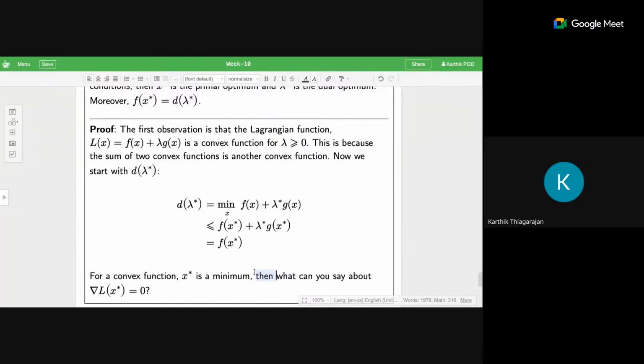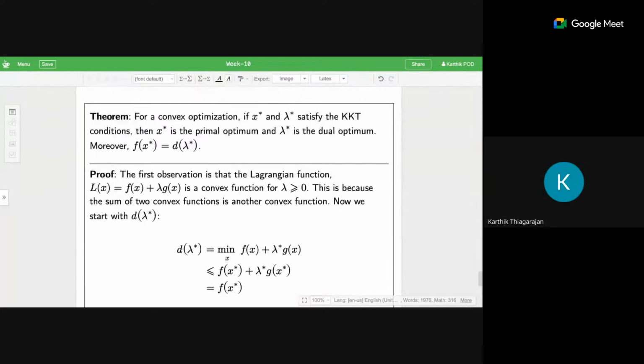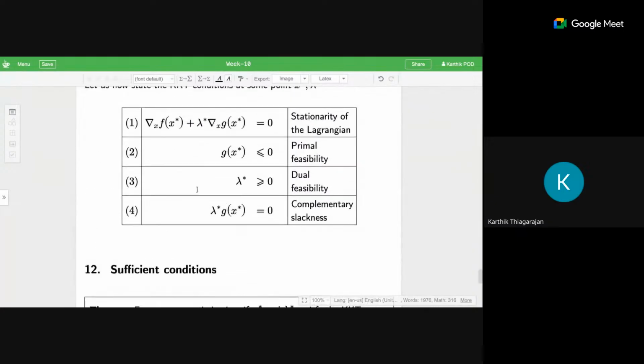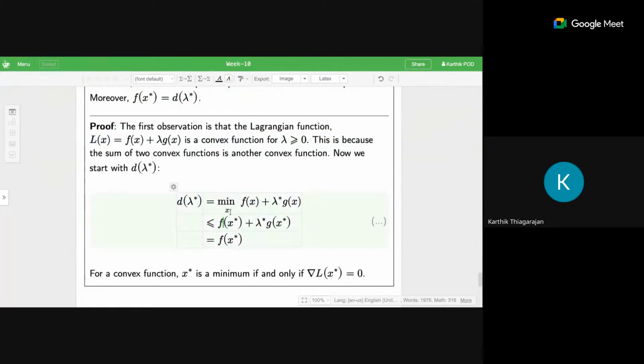In fact, I will put it this way. If gradient is 0, and is the gradient of the Lagrangian 0 at this point? It is, right? So it is 0 because of the first KKT condition. Therefore, if you plug in x star here, it is not just less than or equal to, it is actually equal to.